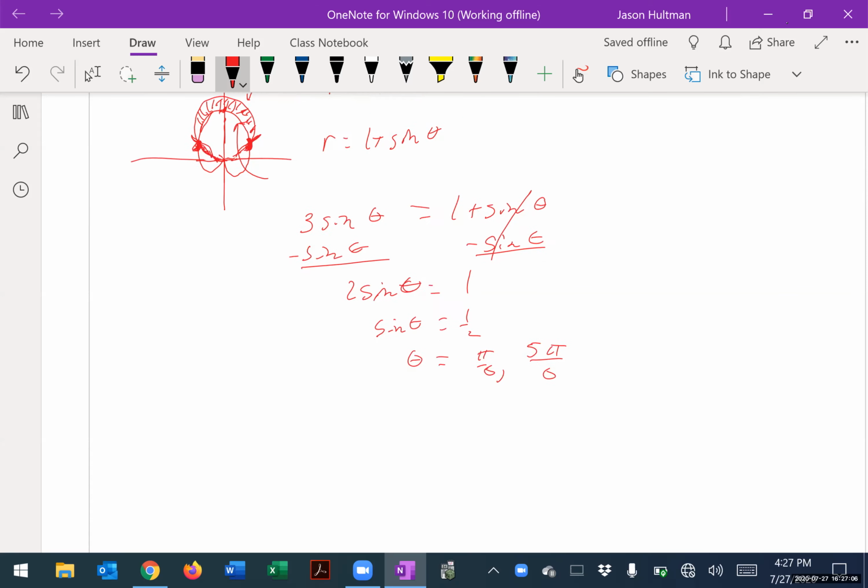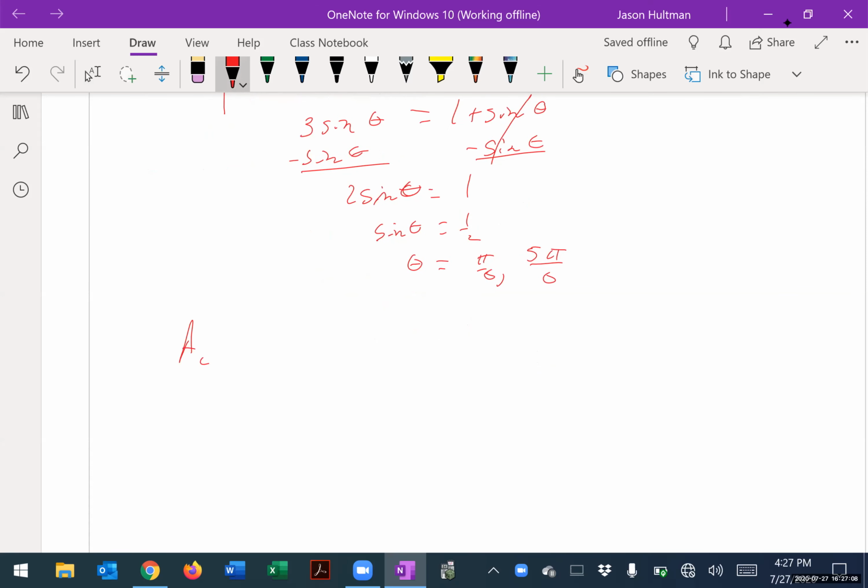Okay, and so I'm going to take the area of the circle minus the area of the cardioid to get this. So what's the area? Well, it was 1/2 times the integral from a to b, pi over 6 to 5 pi over 6, of the function squared d theta, right?